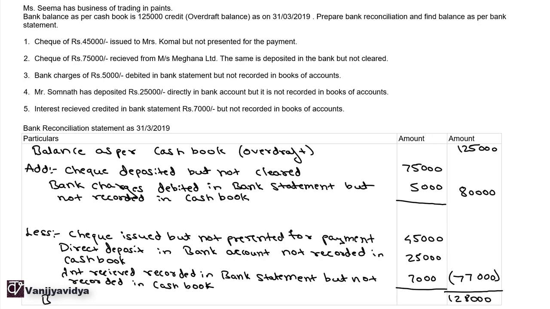Now this is the balance as per bank statement, overdraft. Since we had started with an overdraft balance as per cash book, that was positive, and the balance 1,28,000 is also positive, this balance is also overdraft as per bank statement. So this was an example wherein we had an overdraft balance as per cash book and we had to prepare a bank reconciliation and find out the balance as per bank statement.